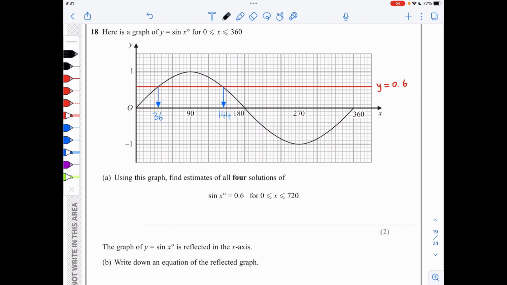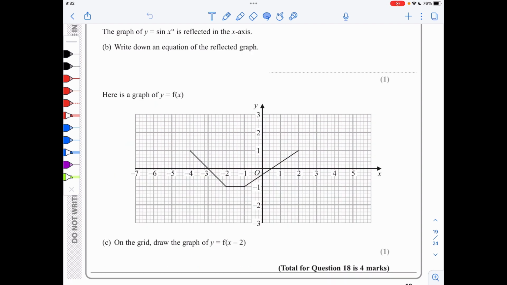So two solutions are 36 and 144, and then I use the fact that the sine graph repeats every 360 degrees. So if I add 360 degrees onto 36, I get another solution which is 396. And similarly, if I add 360 degrees onto 144, I will get the fourth and final solution of 504 degrees.